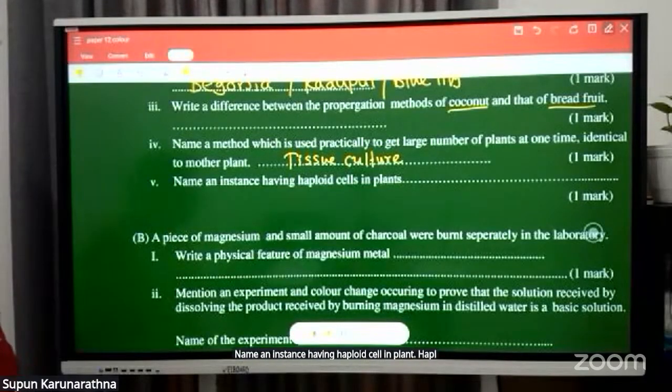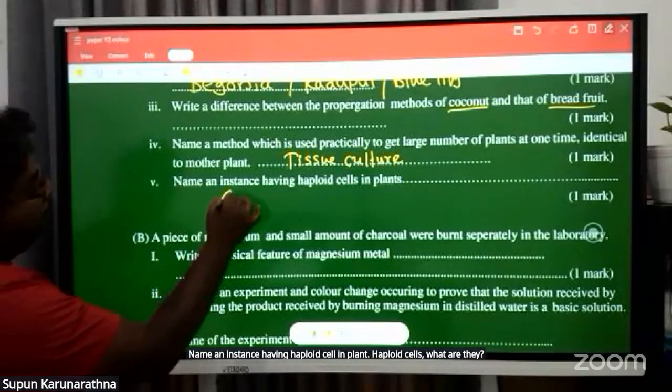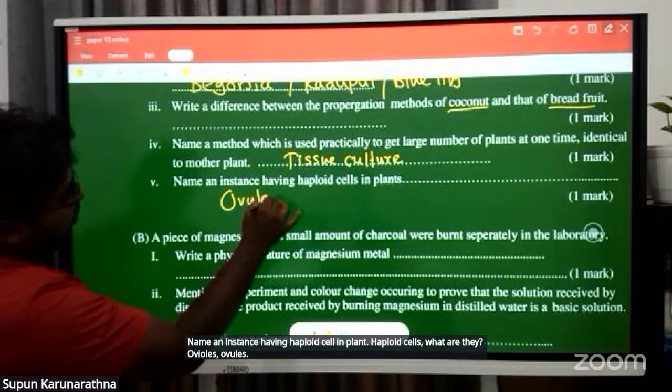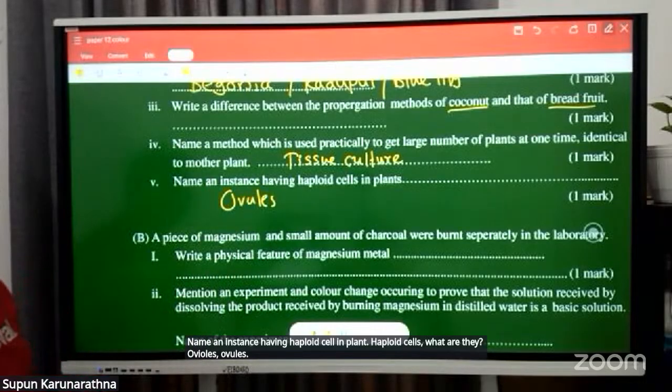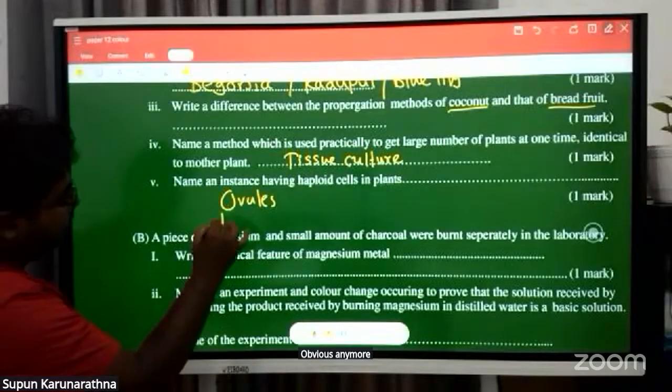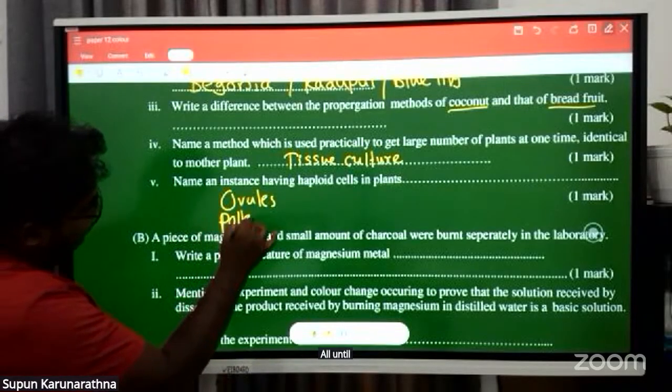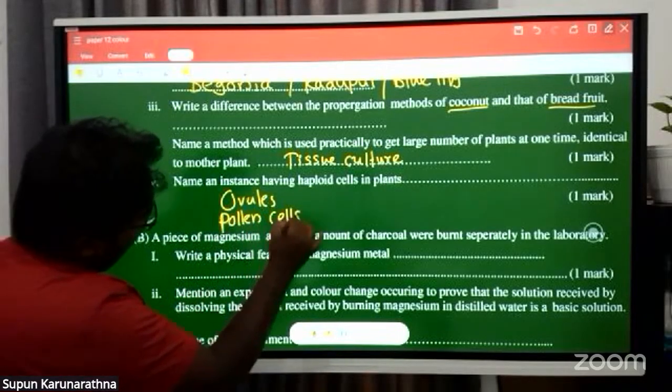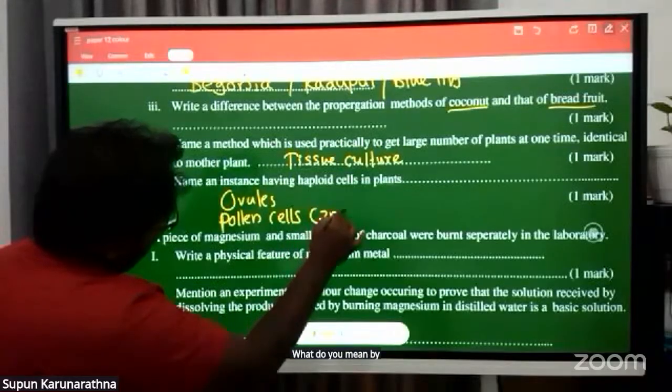Name an instance having haploid cells in plants. Haploid cells, what are they? We can take ovules. Ovules. Any more? Pollen cell. What do you mean by haploid?